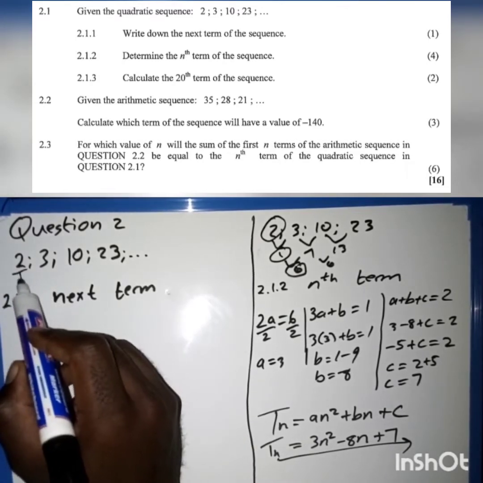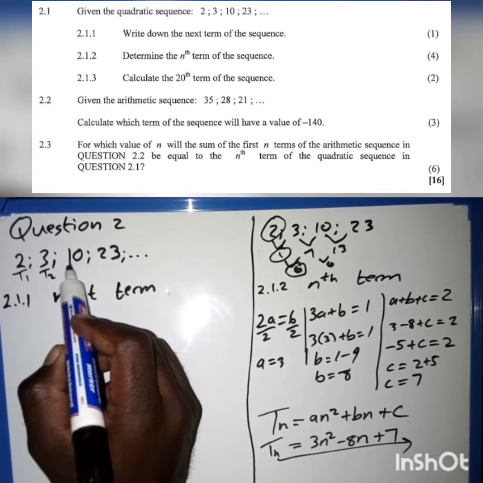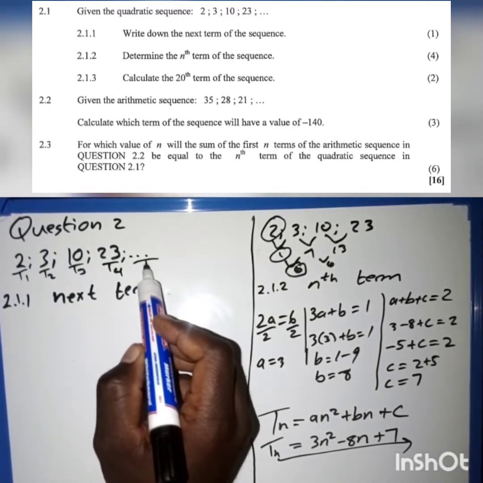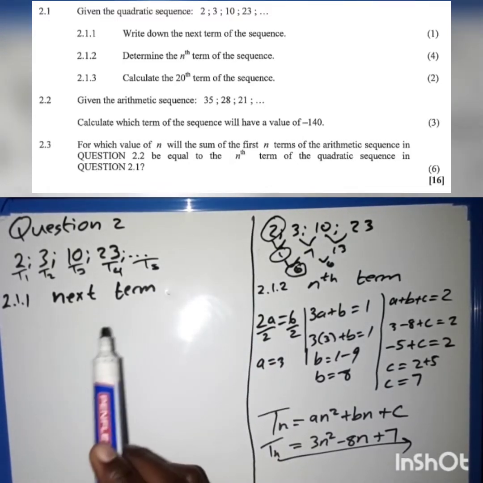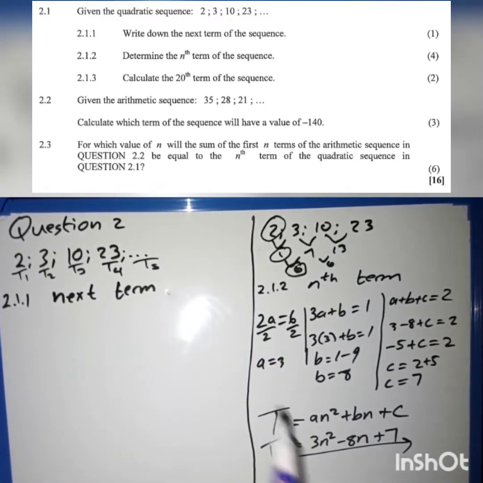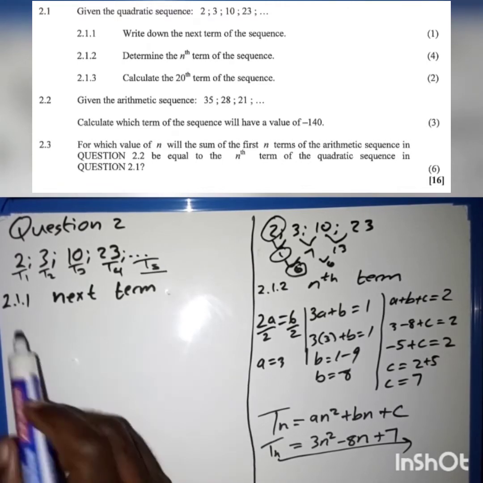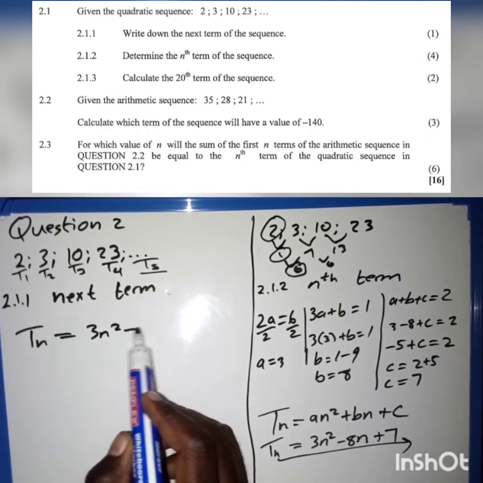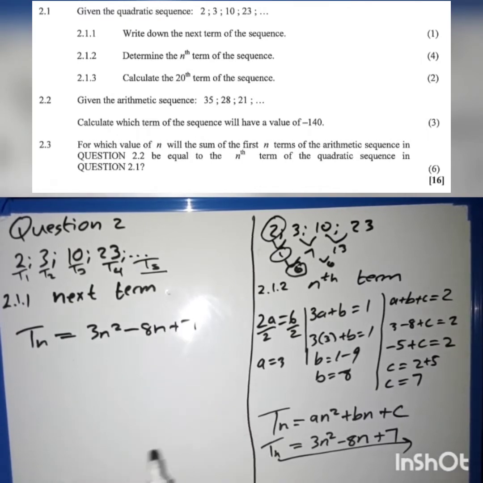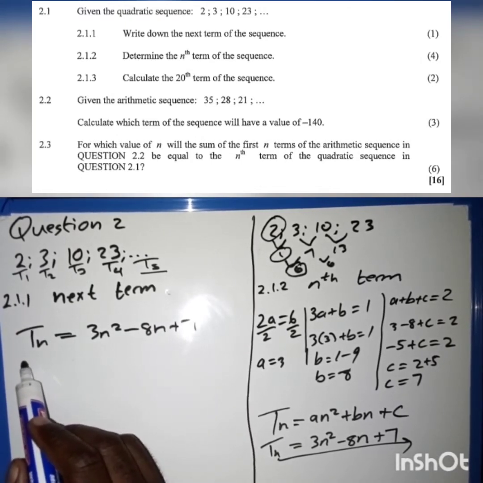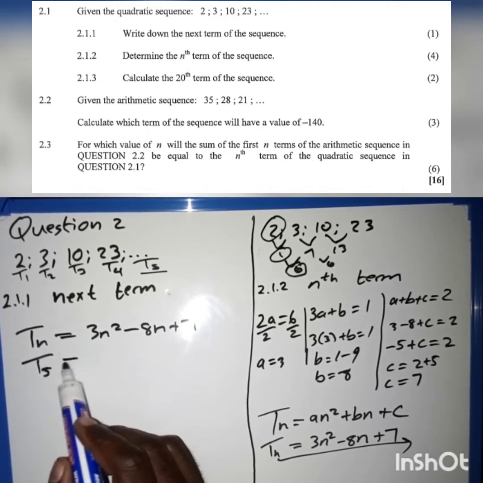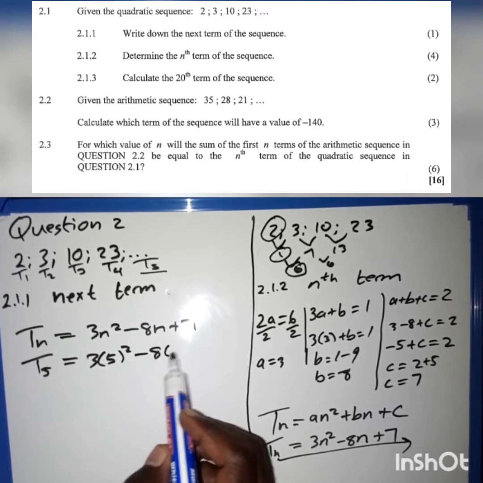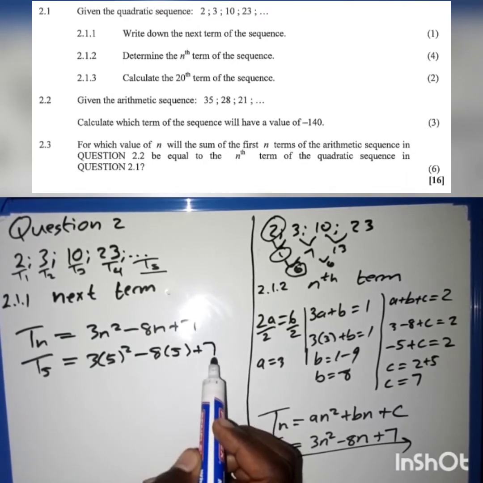So obviously this is T1, this is T2, this is T3, this is T4, and the next term we got is T5. So I'm going to use my formula to calculate my T5. So I'll have Tn is equal to 3n squared minus 8n plus 7. So to find my T5, I'll say T5 is equal to 3 times 5 squared minus 8 times 5 plus 7.